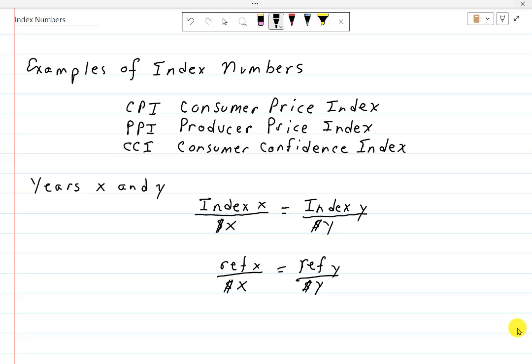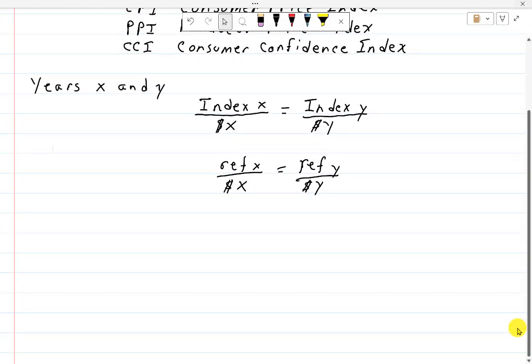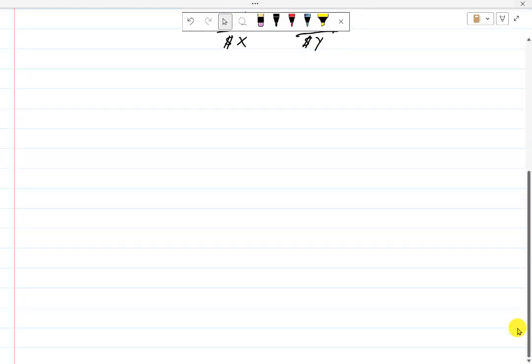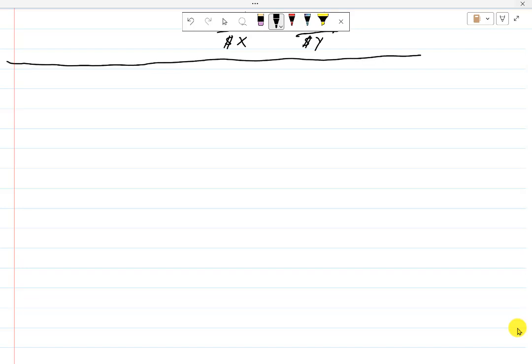So let me do an example to illustrate this process. Suppose you purchased $60 worth of gas in 2020.